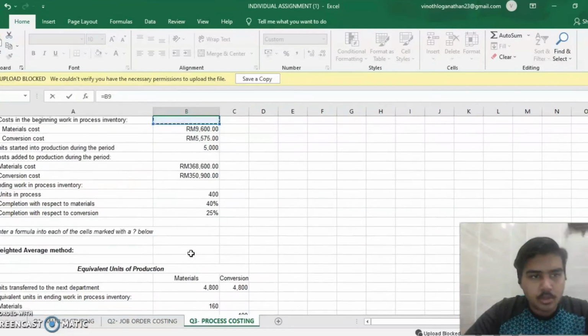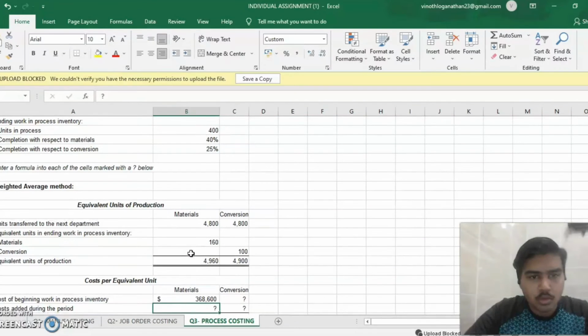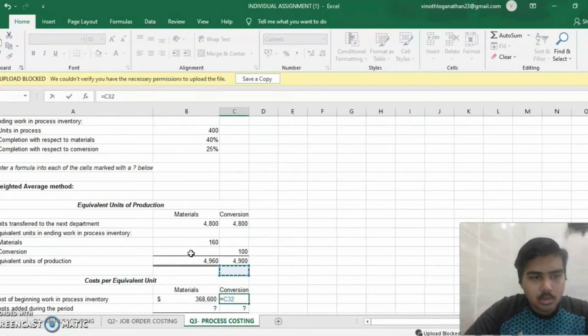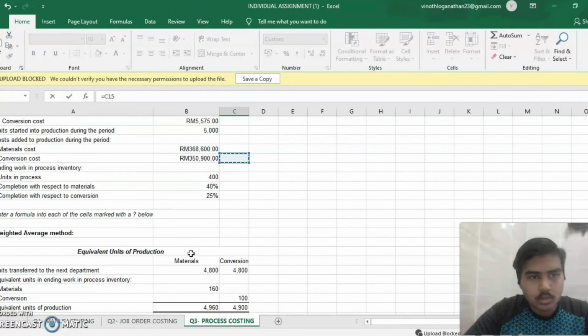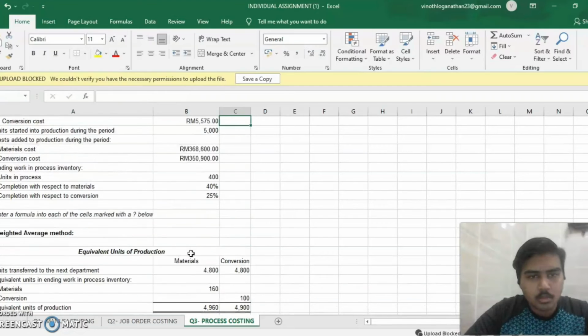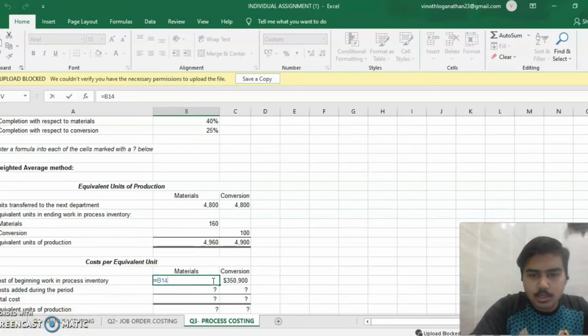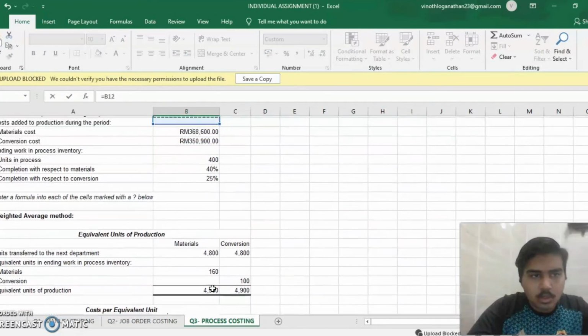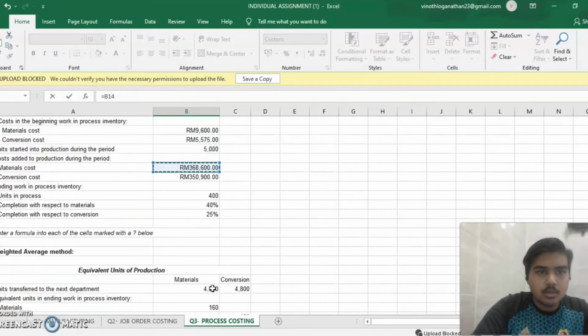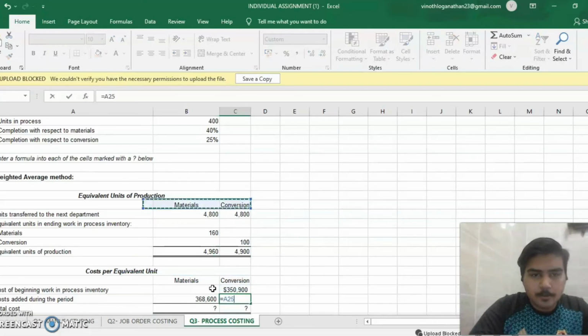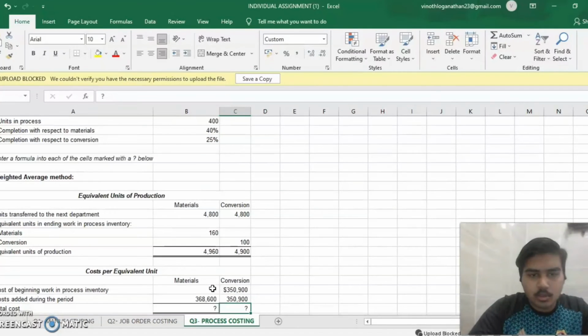Cost added during the period, cost added during the production, which is for materials. No, I'm sorry, this should be the one.